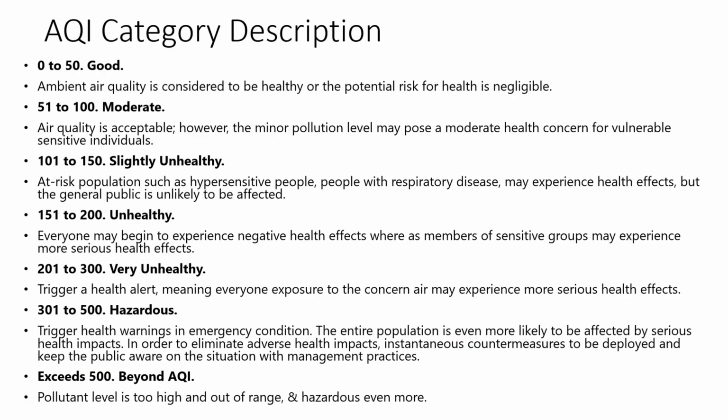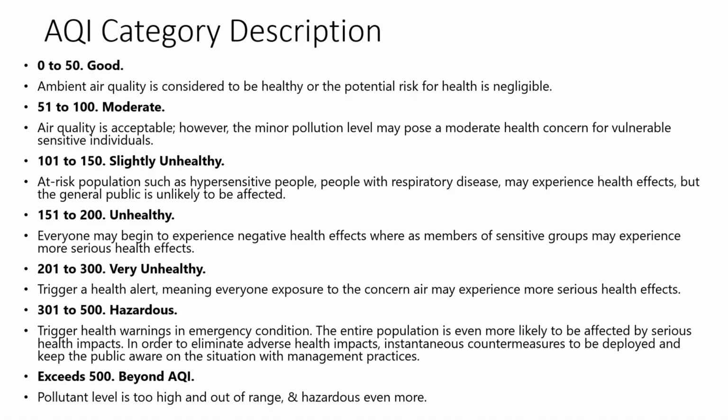So everyone may begin to experience negative health effects, where sensitive groups may experience more serious health effects. Then the very unhealthy, which is an index value from 201 to 300. This level triggers a health alert, meaning everyone exposed to this air quality may experience severe health effects.